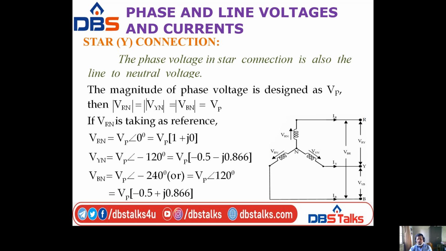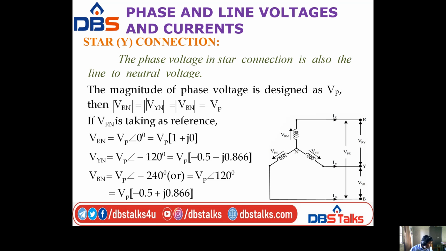So generally the phase voltages, that is VRN, VYN, VBN, are all the same. The phase voltage may be designated or represented as VP or V phase. That is VRN equal to modulus of VRN equal to modulus VYN equal to modulus VBN is equal to VP.